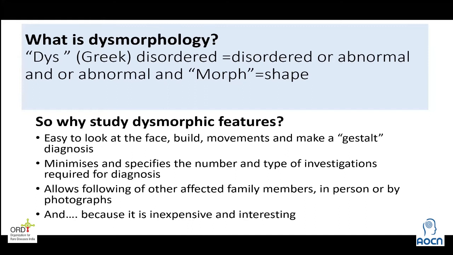And this shortened list helps us to have a small number of investigations that may be very specific towards the diagnosis, especially in a country where investigations are paid for by patients, and it becomes extremely difficult for them to have a battery of tests when you're guessing what the diagnosis may be.